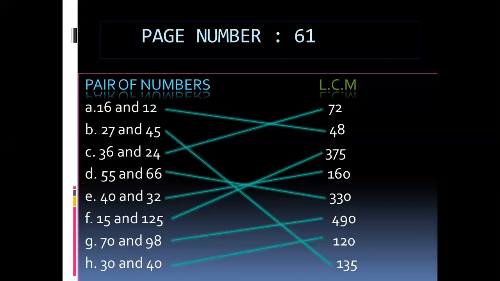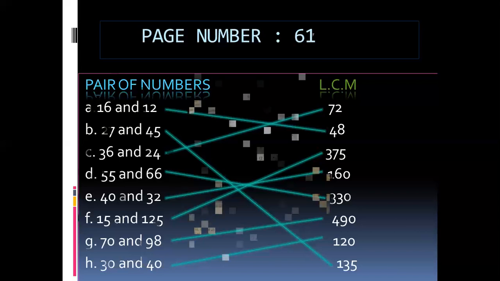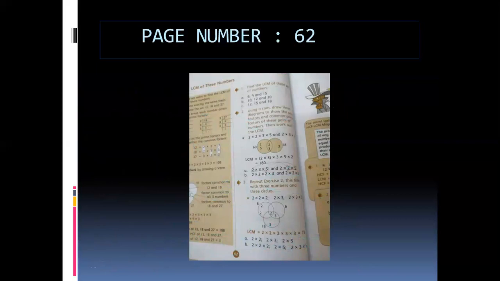So I write the LCMs which are given in the question in one column and the numbers in the other column, and we match the LCM with the required pair of numbers. Yes, students, now we have the next page, 62. And here we finished the topic about the LCM and the HCF.